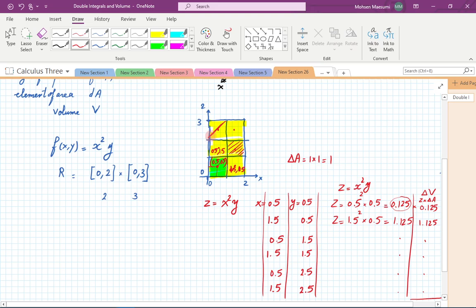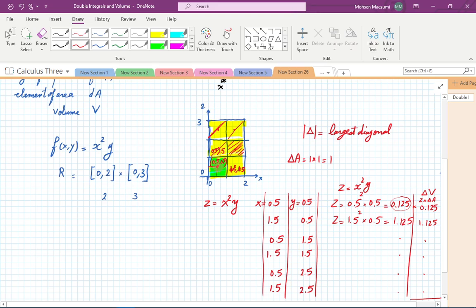So the diagonal of each of these rectangles is going to be considered, and then we define a partition. Partition simply refers to this cell. The size of the partition is going to be the largest diagonal, so the largest diagonal in our cells is going to be the size of the partition.